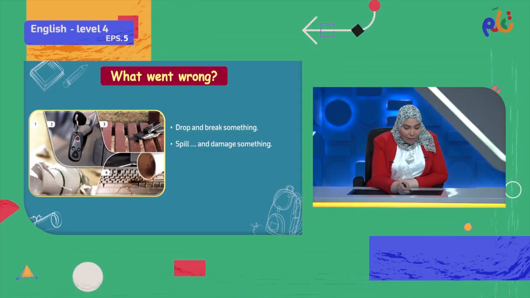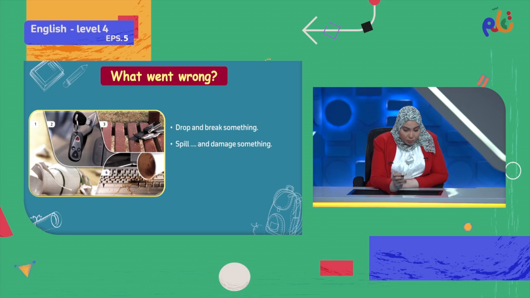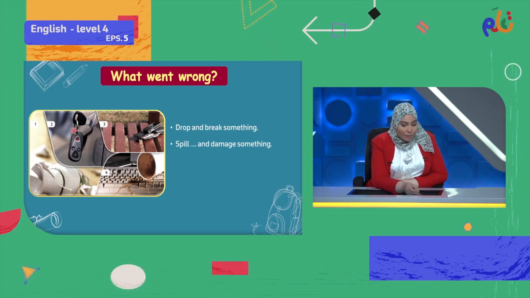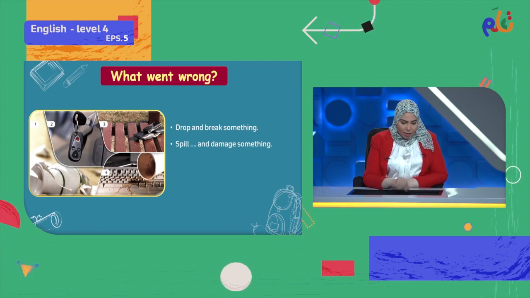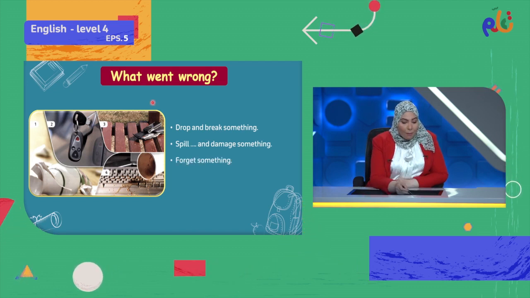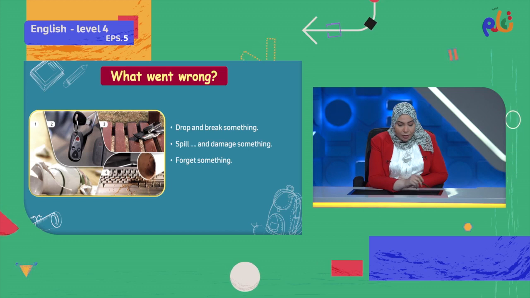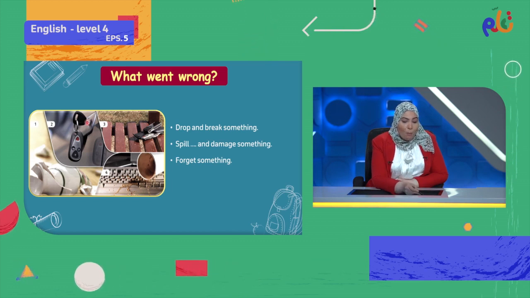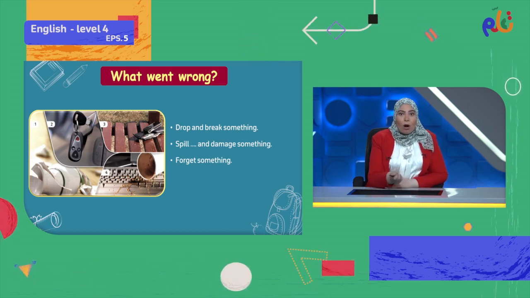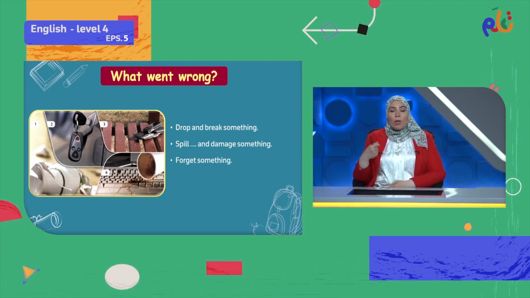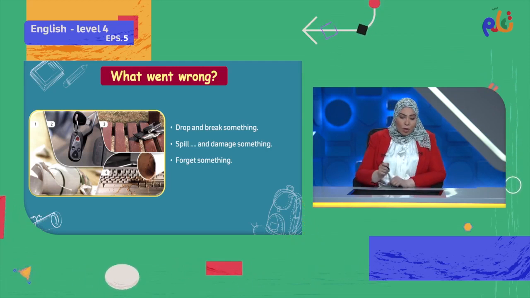And we also have this picture here, or if we're talking about this picture here, we're talking about forgetting something. I might forget my wallet and my mobile. I might forget my keys inside the car or forgetting my keys at home. So you forget something.